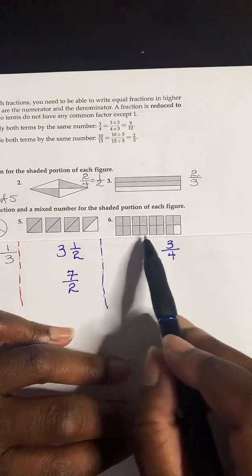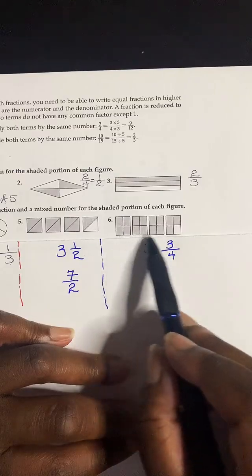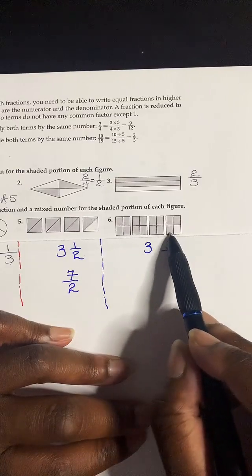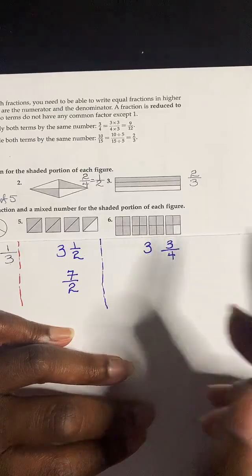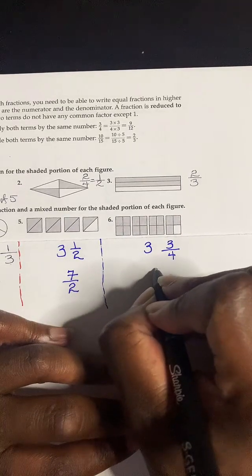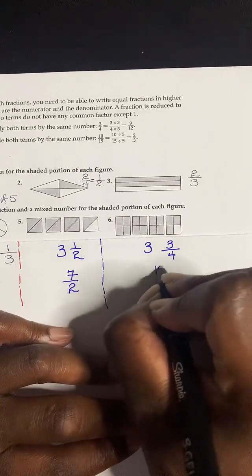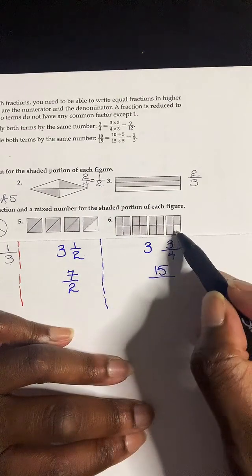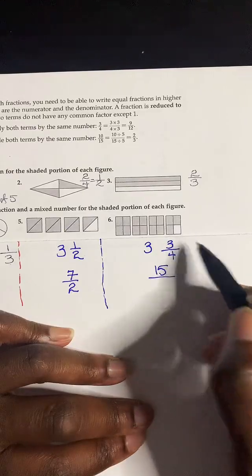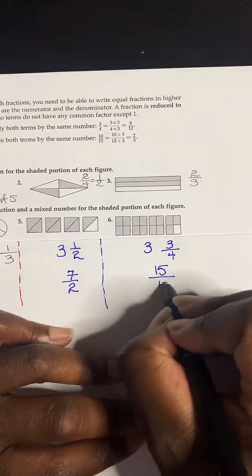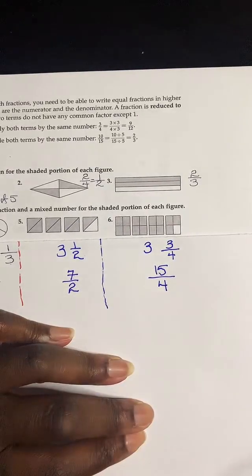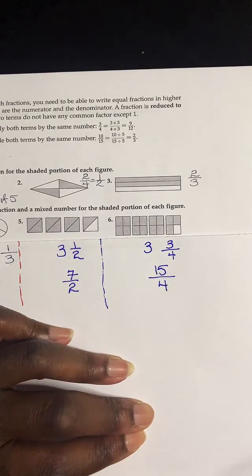All right, so there's 4 here, 4 here, and 4 here. 4 times 3 is 12, 13, 14, 15. So we have our 15. And how many small little boxes are in each one of those larger boxes? There are 4.